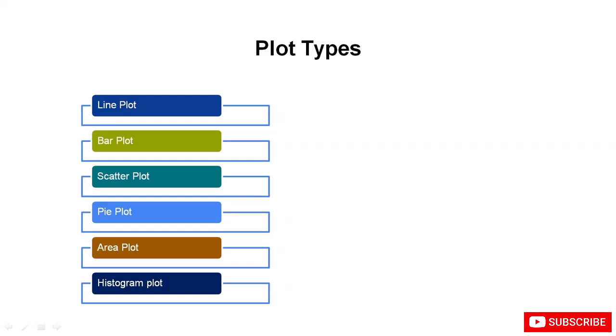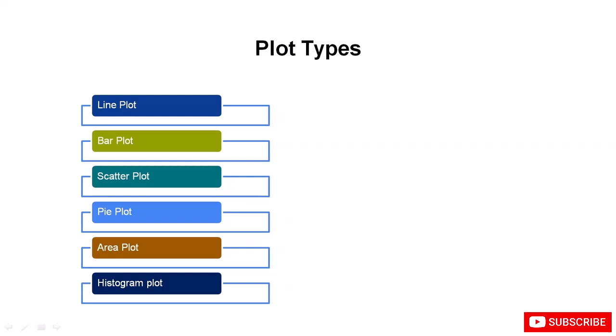And pie plot is a kind of circular graph where you will represent data within the components or segments, or you can also call them slices of pie. And then comes the area plot. Area plot is spread across certain areas where you will see some highs and lows. So they are also known as stack plots.